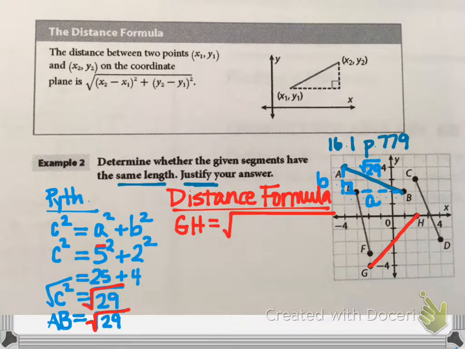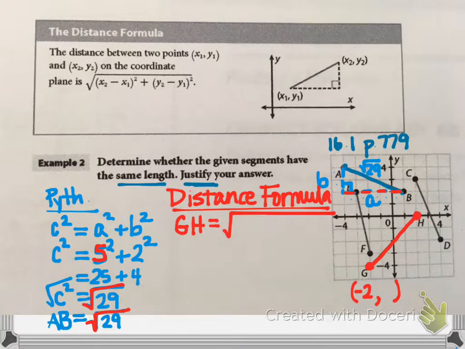How did we figure out 5? Well, we just counted, technically. But what we did is we looked left and right, kind of like if we had subtracted the x values from A to B. That's what we're going to do here. Let's say the coordinates of G are -2, and I don't care about the y's yet.